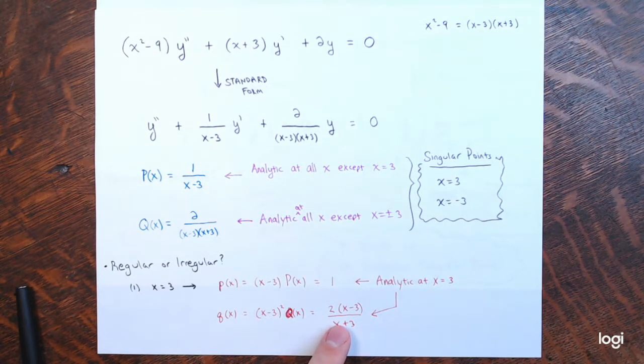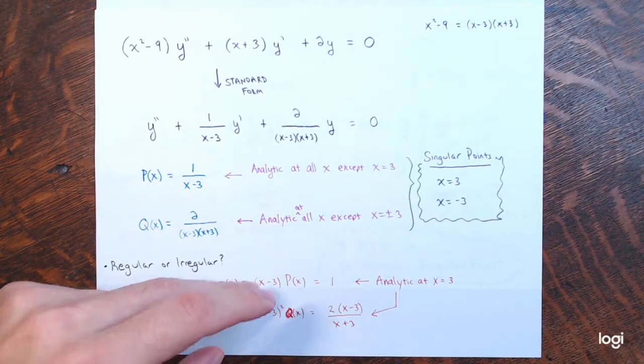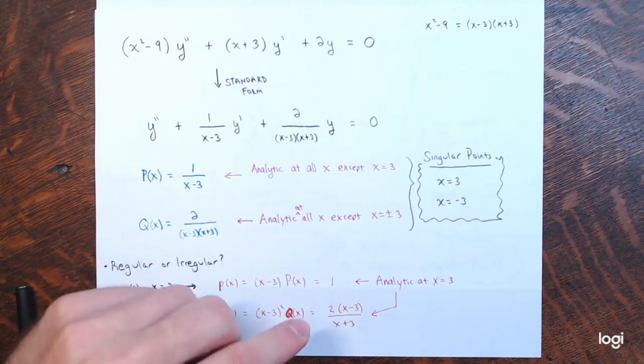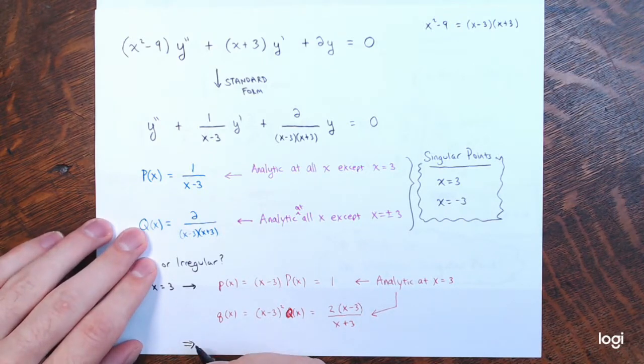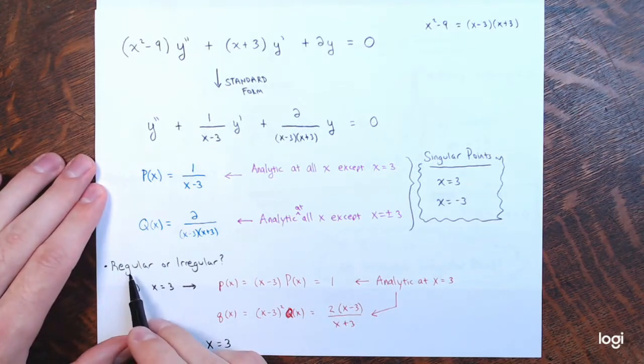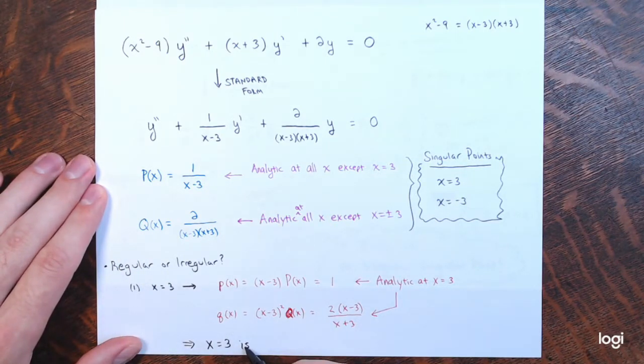I don't have x minus 3 in the denominator anymore. Since both of these are analytic at x equals 3, x equals 3 is a regular singular point. Wonderful.